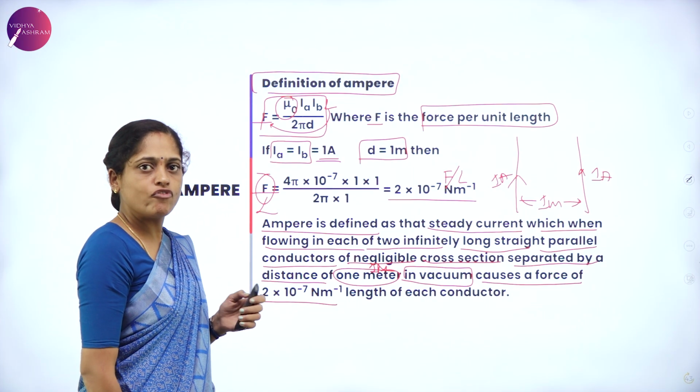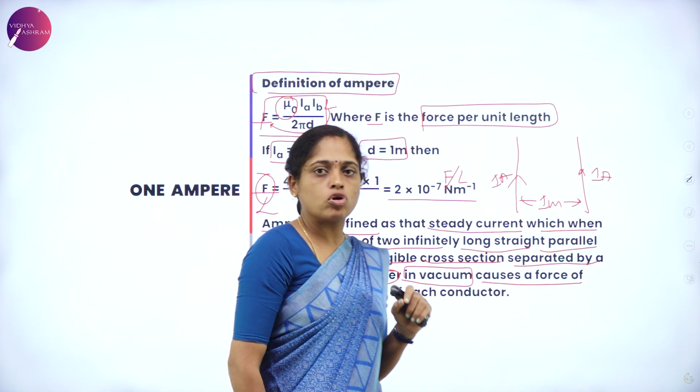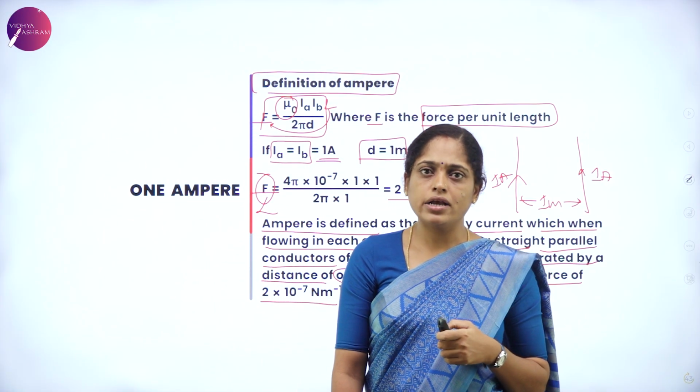We mention the medium, vacuum or free space, because the permeability of free space is used. This is the definition of 1 ampere using the force acting on two parallel conductors.